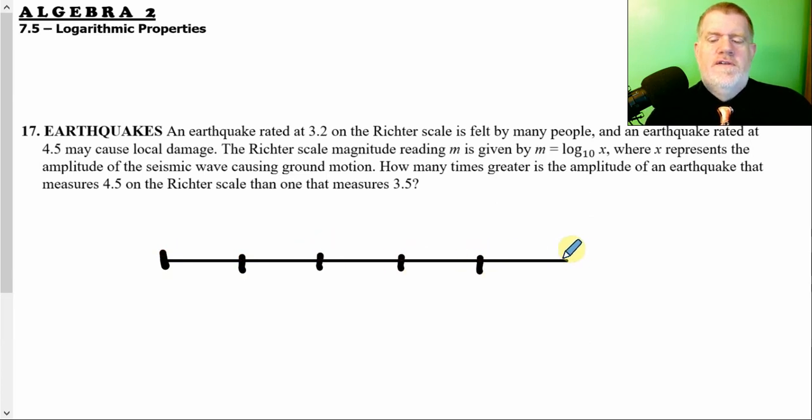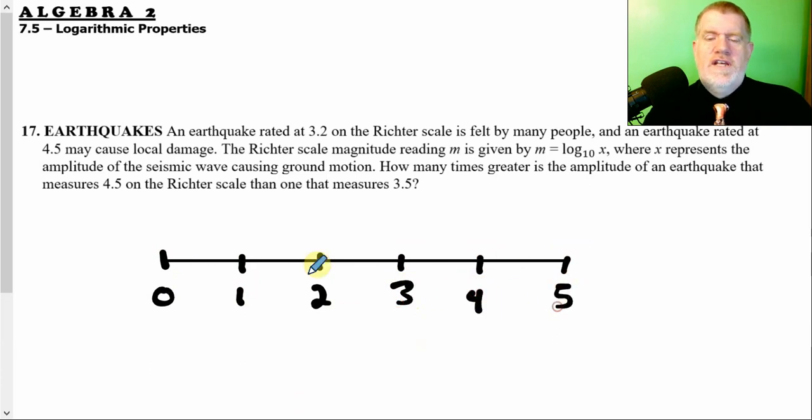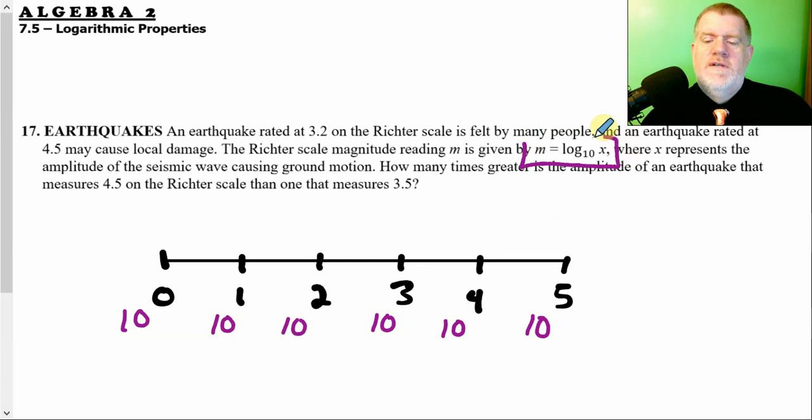You've got 0, 1, 2, 3, 4, 5. Looks like a typical linear scale, doesn't it? But it's a logarithmic scale, because what it really means is 10 to the 0, 10 to the first, 10 to the second, 10 to the third, 10 to the fourth, 10 to the fifth. That's what this means.